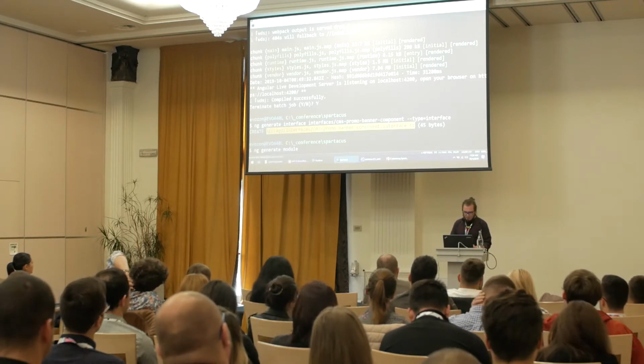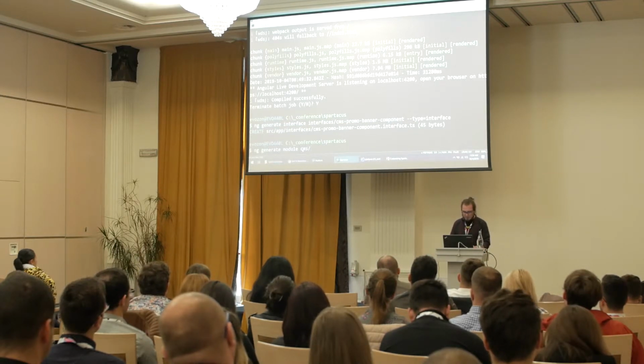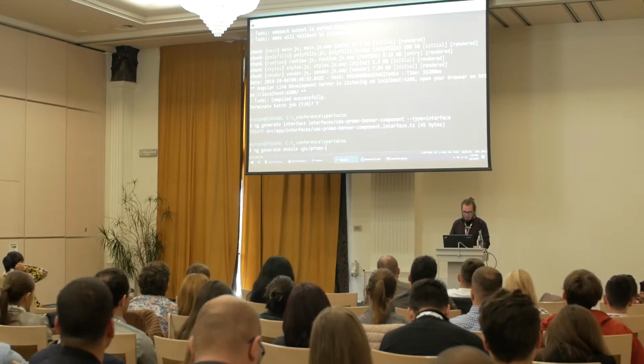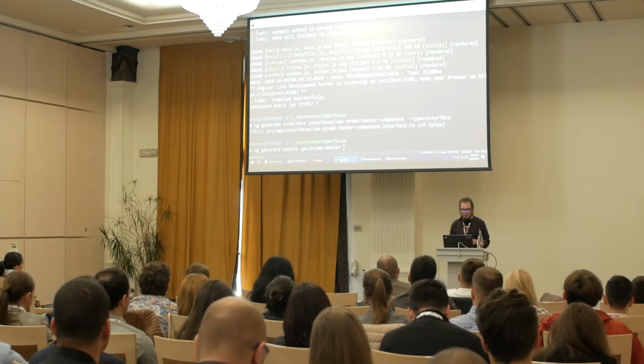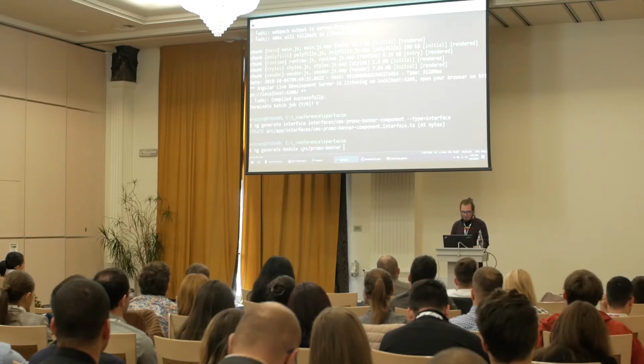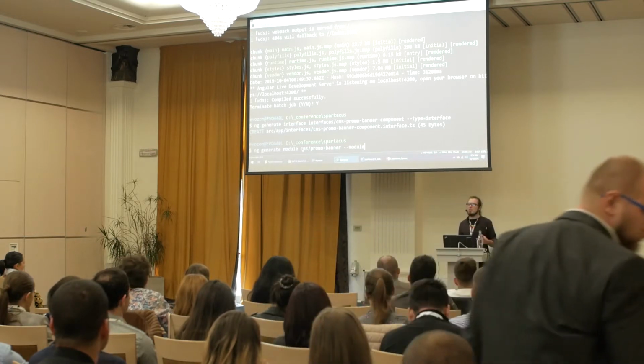Let's add it in a folder, CMS, in the source. Then I will name it promo banner. The module will be added automatically. And then I will import this module in the main module, the app module I've shown you.